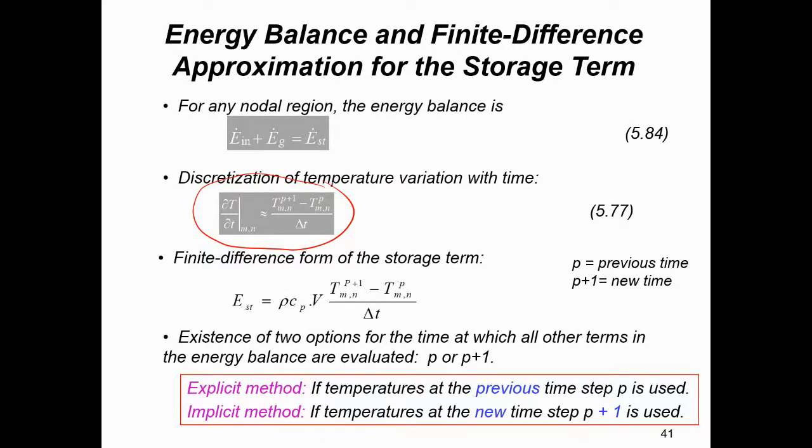So if you want to include time, then the storage term, rho C volume dT by dt, we need to add here. There is time dependence, temperature changes with time. So this dT by dt we can write in terms of the finite difference technique.